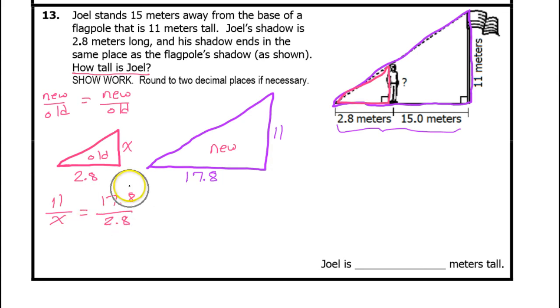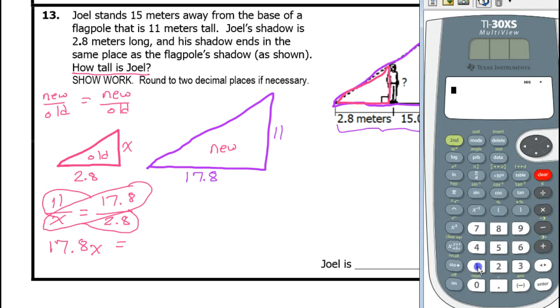And then it's time to cross multiply. If I do this diagonal, that's going to be 17.8x. And then I do this diagonal, and that's 11 times 2.8, so that's 30.8.